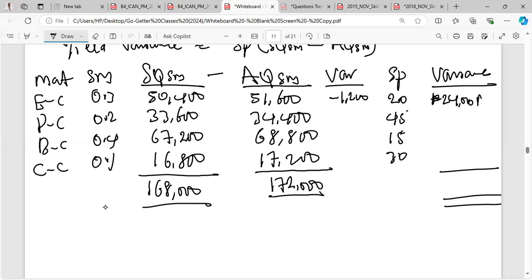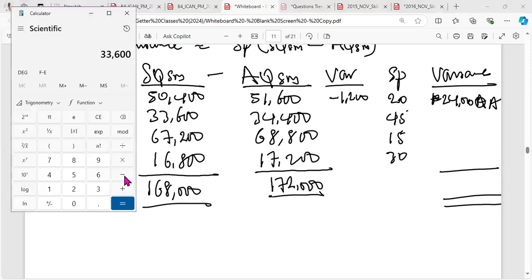Sorry, it's supposed to be three zeros. 24,000 adverse. The second one, 33,600 minus 34,400 gives you minus 800.